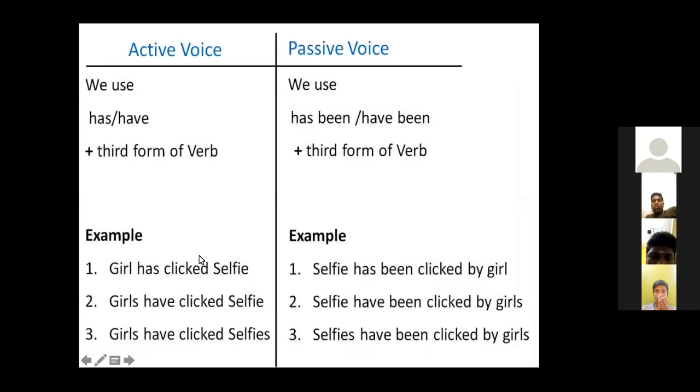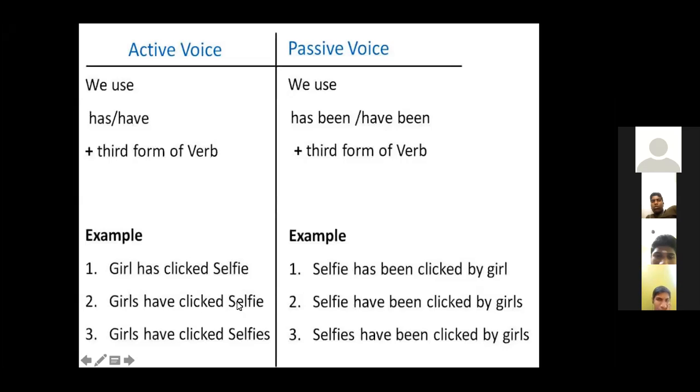See, these are some examples, when the tense is changed. The girl has clicked a selfie. So it changes to "A selfie has been clicked by a girl."